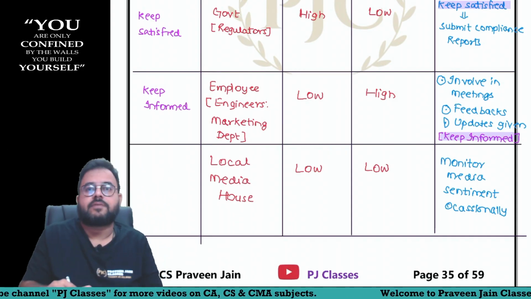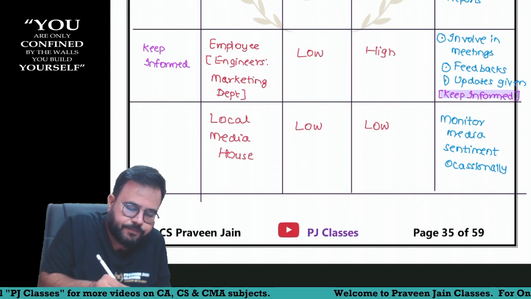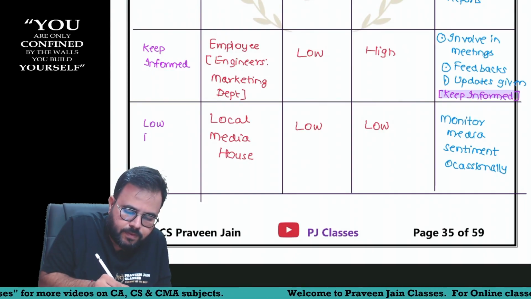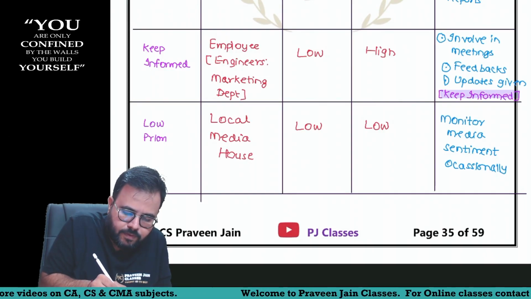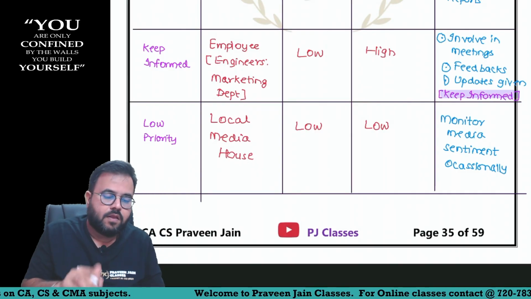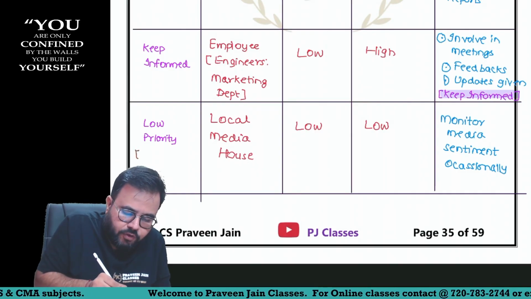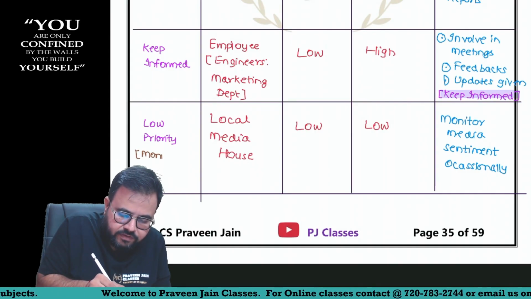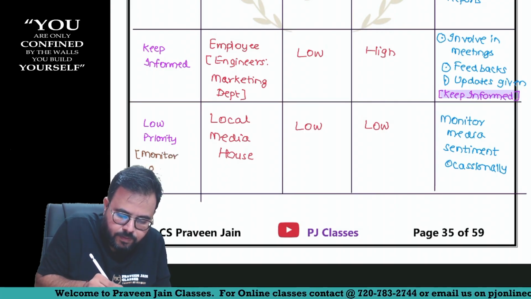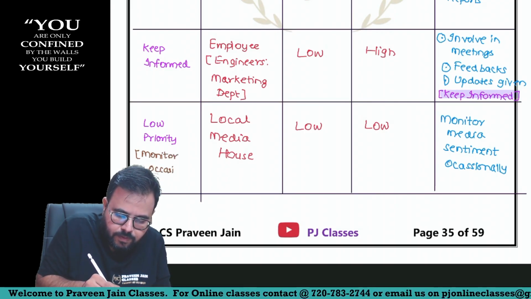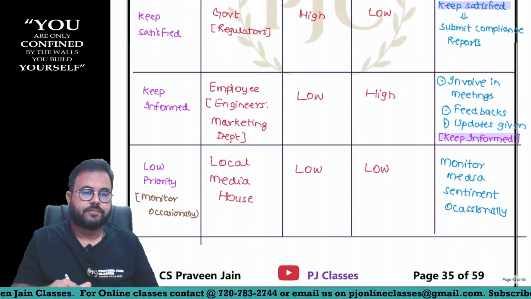And the last one, low priority. And when it is low priority, you have to monitor occasionally. Okay, Raja?